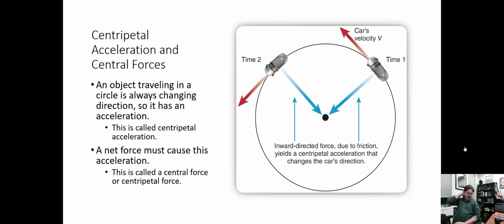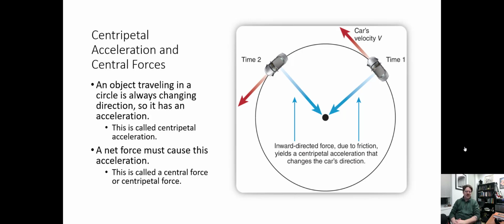Which brings us to something referred to as centripetal acceleration. Not to be confused with centrifugal acceleration, which is what we refer to as an emergent force because of changes of frames of reference. But again, I digress. It is centripetal acceleration.